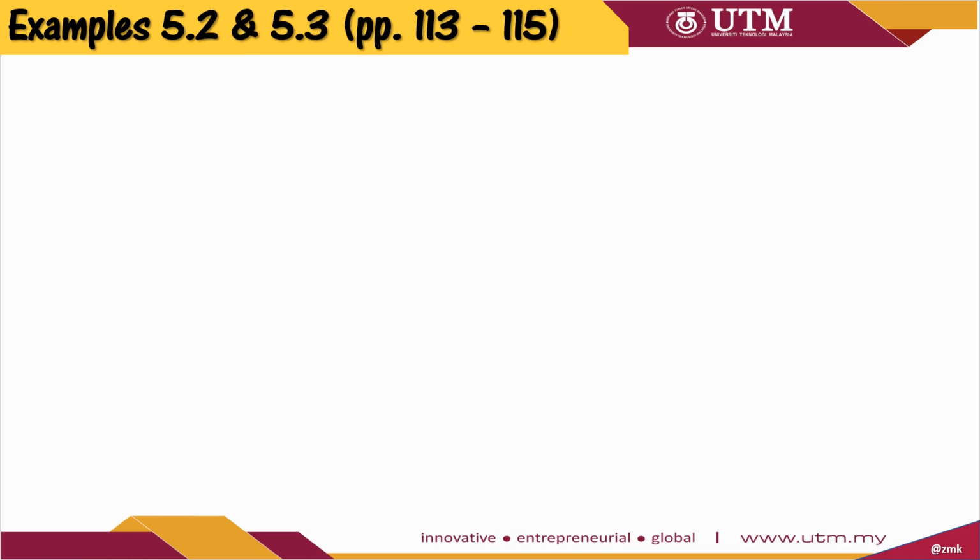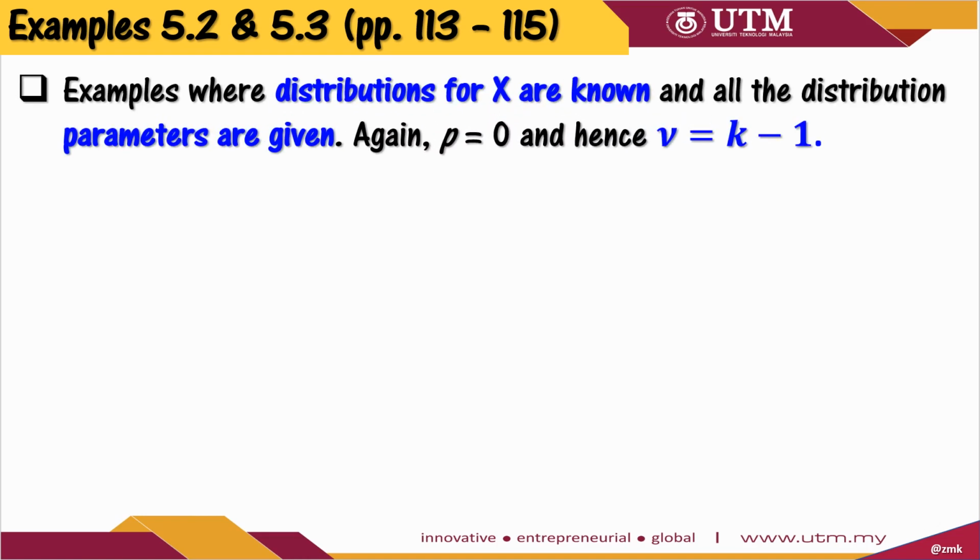In examples 5.2 and 5.3 on pages 113 until 115 from the statistics for engineers textbook, the distributions are known and all distribution parameters are given under H0. Again, in these 2 examples, p, which is the number of distribution parameters that need to be estimated, is 0.